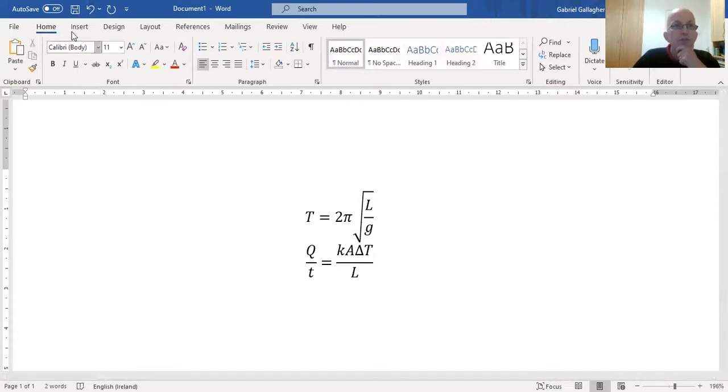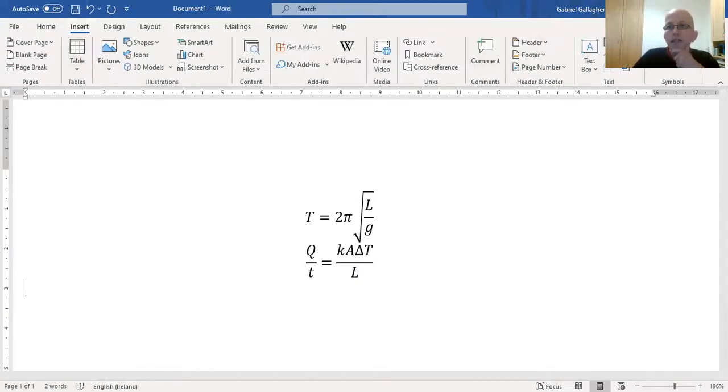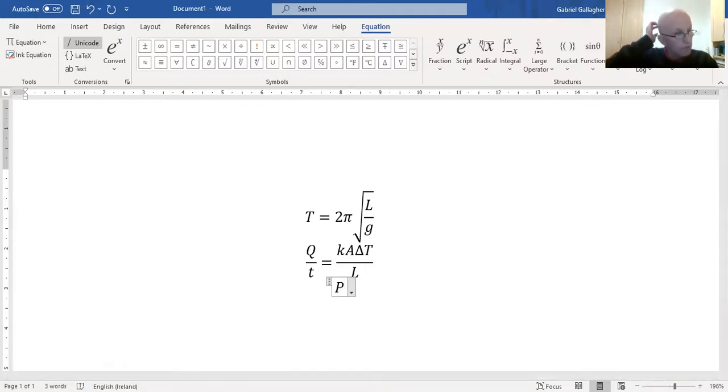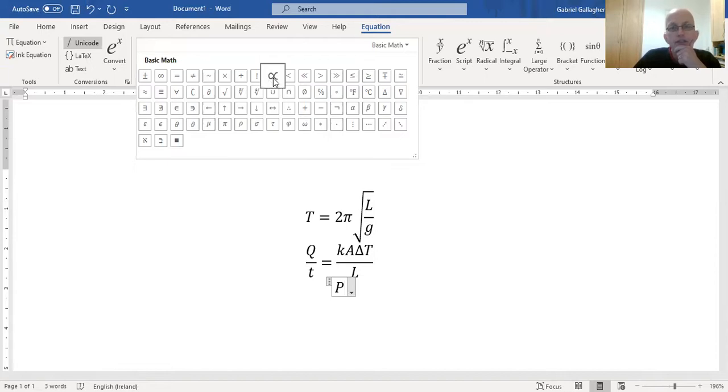Okay, the third one, insert equation. And this one is P is proportional to 1 over V. So P, there's no fancy structure there, is proportional to. This is one of the basic maths functions at the top of the screen, and it's here. You can see that it says proportional to when I hover over it.